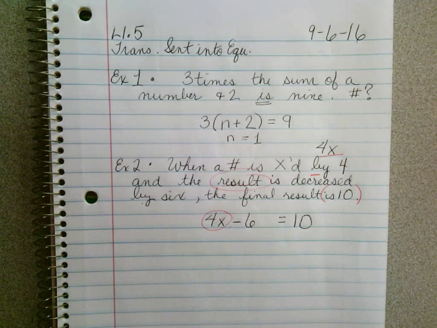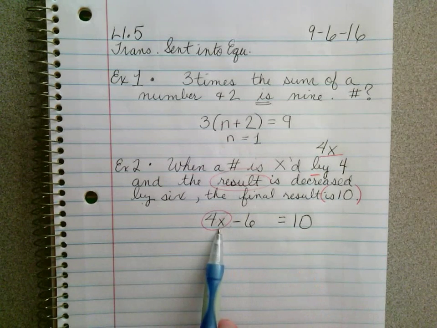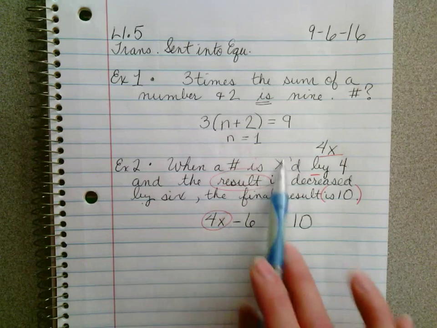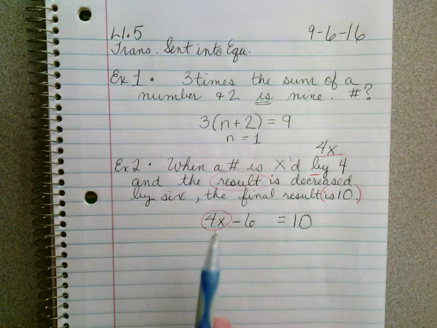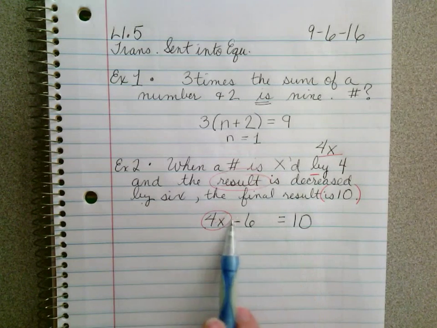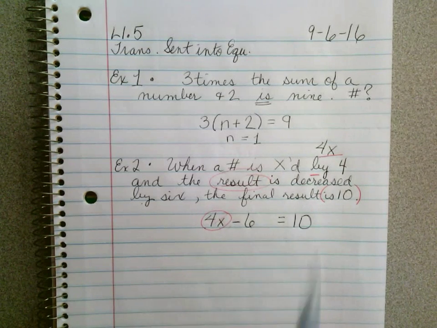Sometimes you're going to have to work these backwards and forwards before you come up with something that seems to make sense. When a number, that's x or n, is multiplied by 4, and that result is decreased by, so shrunk by, 6, the result is 10.